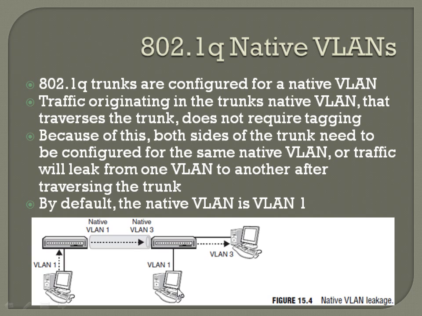But on trunks, it's going to carry all VLANs. And with .1q trunks specifically, you have the ability to set this native VLAN. Again, the default on that is also VLAN 1, but it can be modified. So it's going to send traffic for all VLANs, but the native VLAN can be modified, so you can potentially have this leakage if it's not set correctly on both sides.